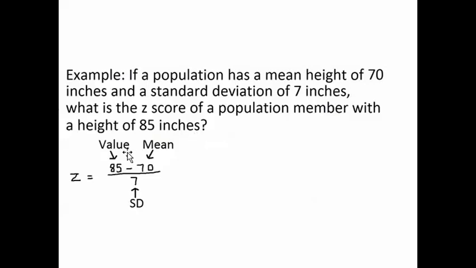So 85 minus 70 equals 10. I'm sorry, 85 minus 70 equals 15. And 15 divided by 7 is 2.1. So this person's z-score is 2.1. So I hope this formula is also making it clear that a z-score doesn't have to be a whole number. It can have a decimal at the end.